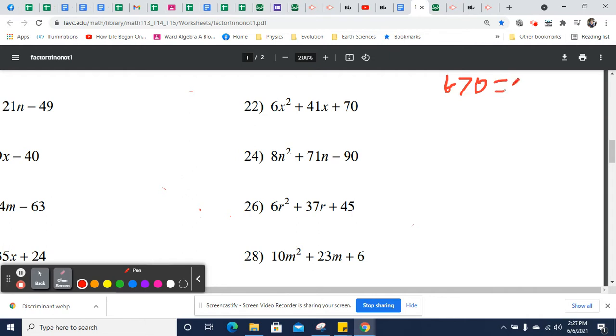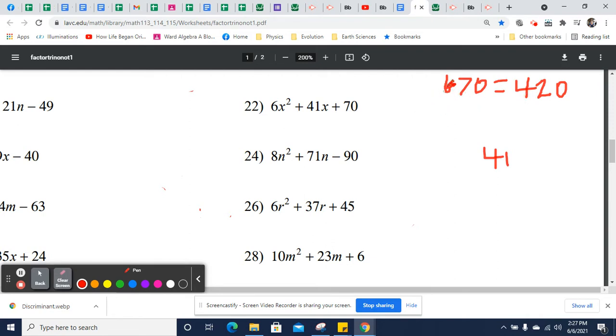Now, 420 is probably outside of your typical multiplication tables that you would know factors from. So I'm going to use another tool. Our goal is 41. So we need two factors of 420 that add up to 41.